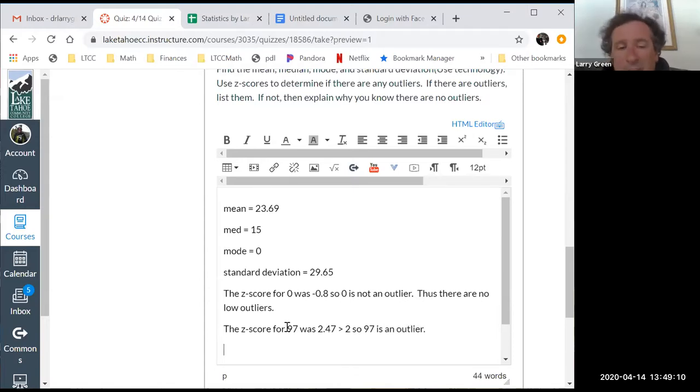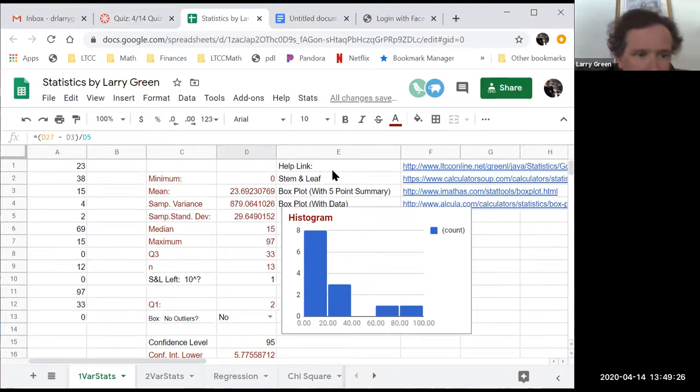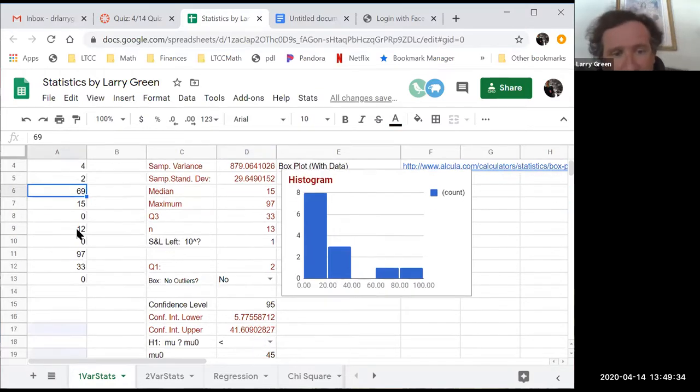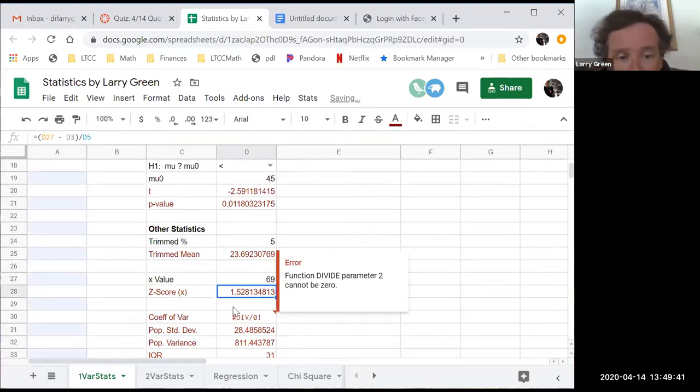Is it possible that there's more outliers? What do you think? Here's the data again. Okay. It's possible, but we have to check. So notice the next highest number is 69. So if I go in and find the z-score for 69, I get 1.53.